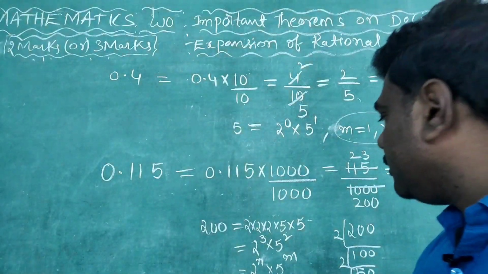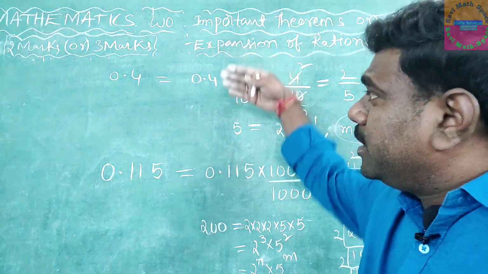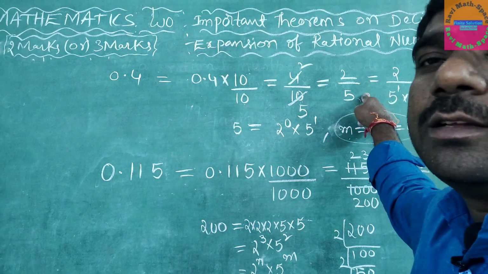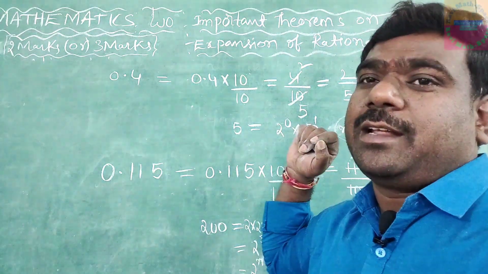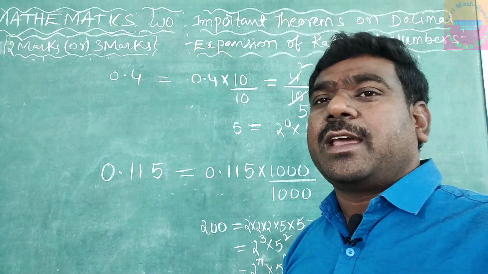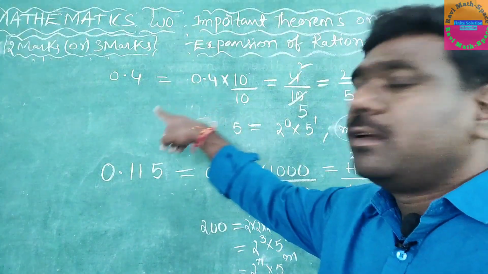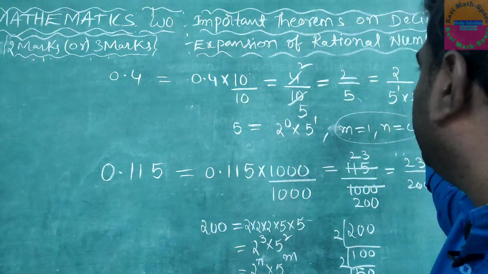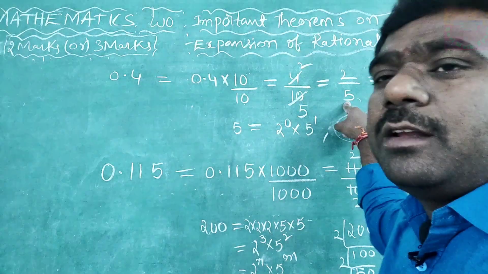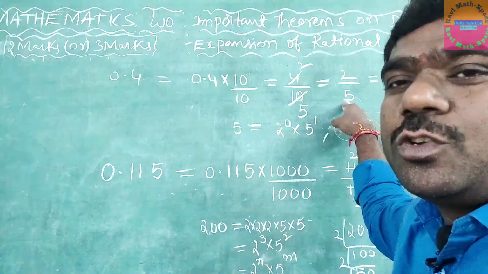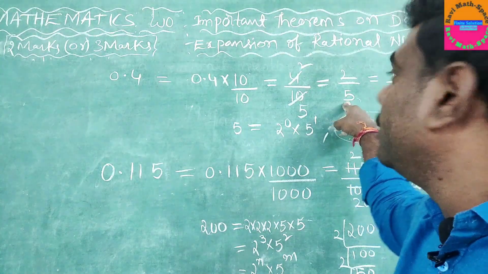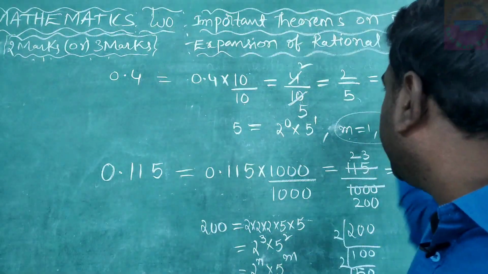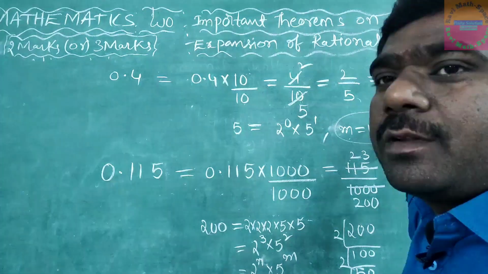Understand here? Now if we observe these 3 problems, in the first problem we get only 2 as the denominator, which we have already seen. In the second example we got only 5, there is no 2, but we can write 1 as 2 power 0, so it is in the form of 2 power n into 5 power m.